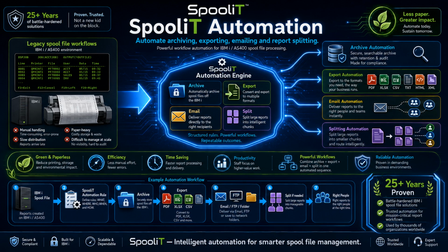You can define if SpooliT should be automatically started without operator intervention. You can optionally define the operational hours for SpooliT. That is, when SpooliT should start to process automation rules and when it should go to sleep. These parameters can be different for each day of the week according to your organizational needs.